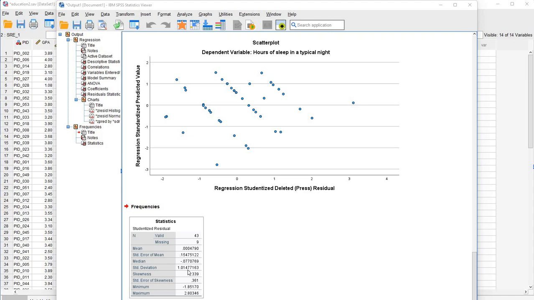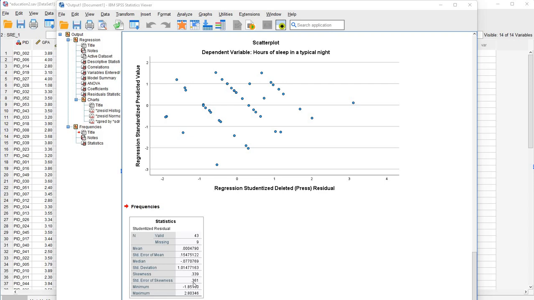Let's move down and take a look at our skewness statistic now. Our skewness statistic is 0.34. Again, for us to say that it appears the residuals are normally distributed, we would expect the skewness statistic to fall within 2 standard errors, where 95% of skewness statistics would fall in the population. So 2 times the standard error, in both the positive and negative direction.